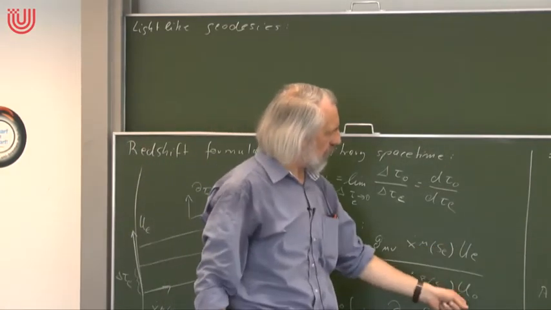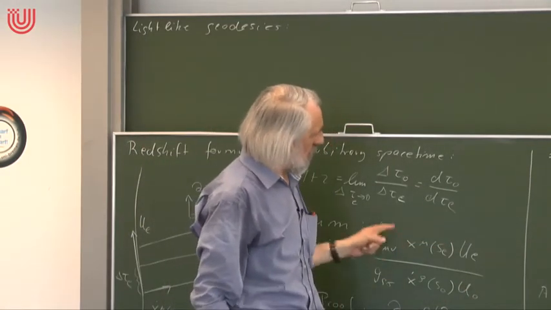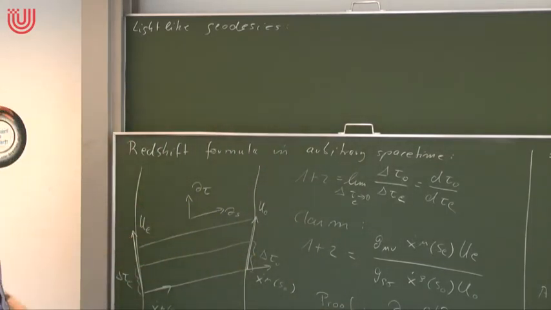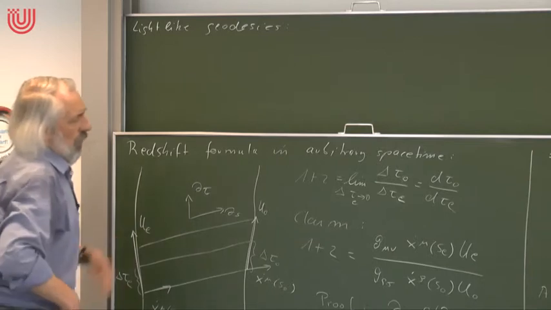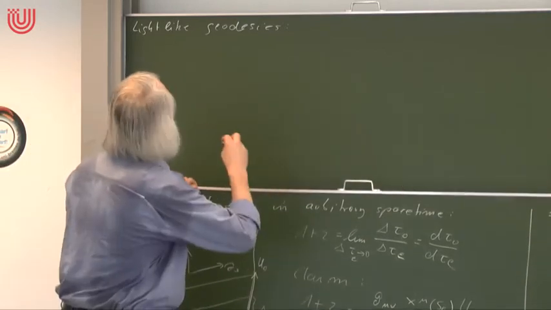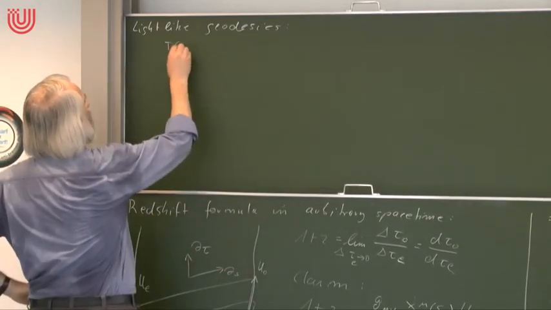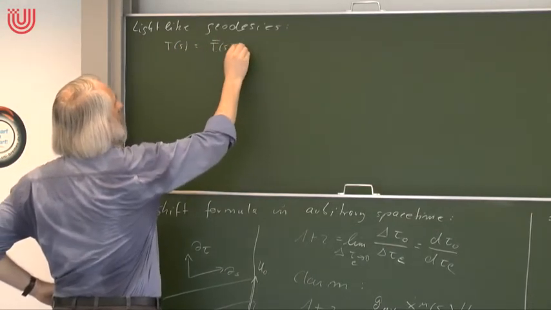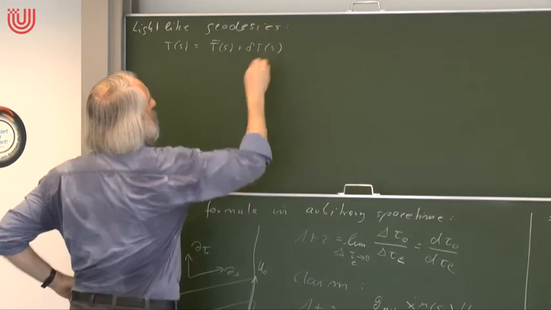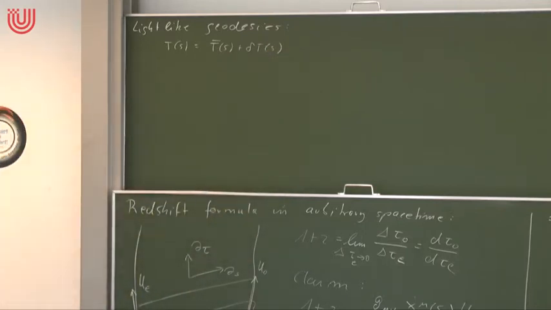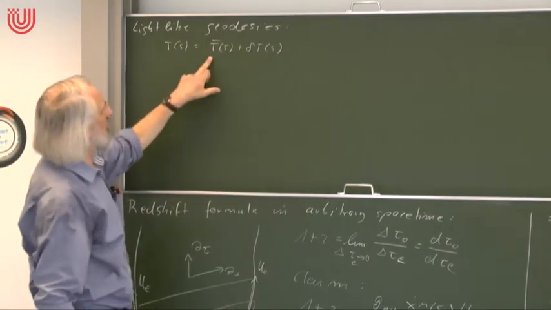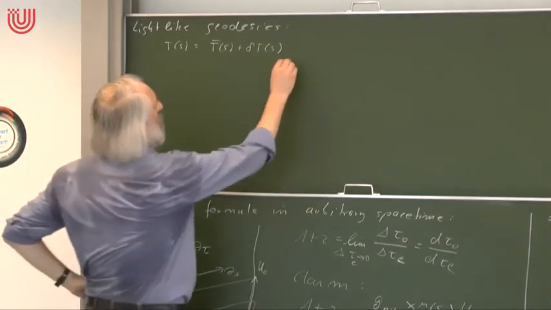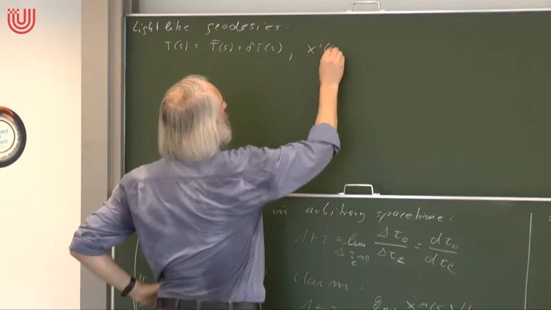We need our observer field, and we need the equation for the light-like geodesics, which connects the two observer fields. And so our light-like geodesic is now something like t of s, which is an unperturbed light-like geodesic plus a perturbation. So that's the light-like geodesic in the background, Robertson-Walker spacetime, and that's the perturbation. And similarly for the spatial component, xi of s.